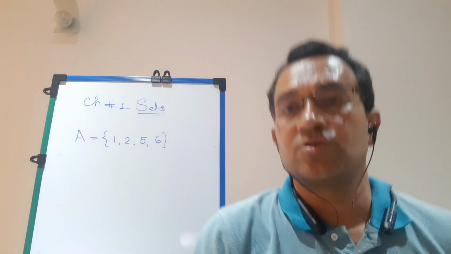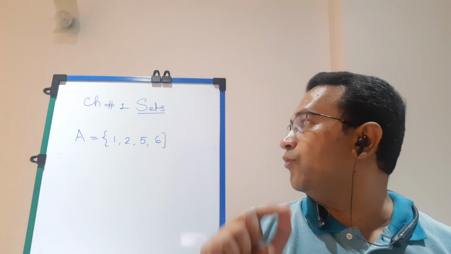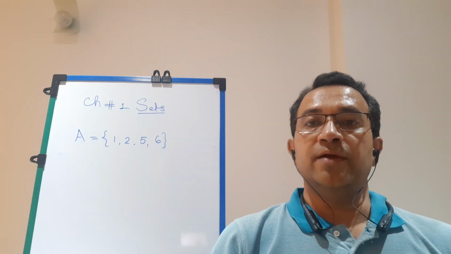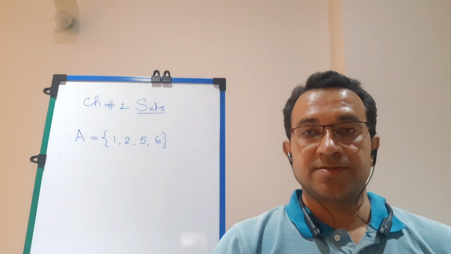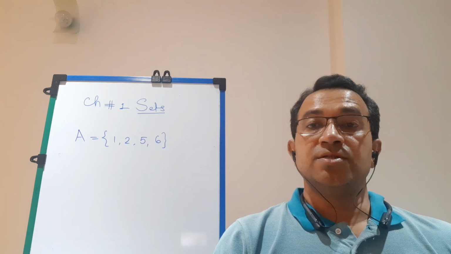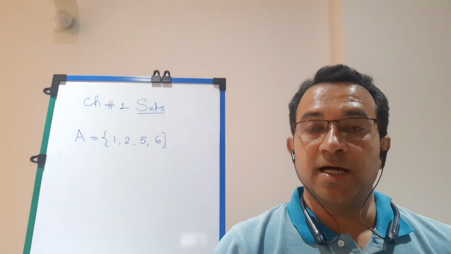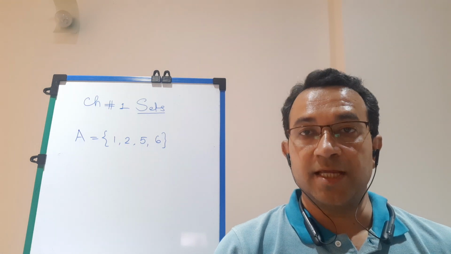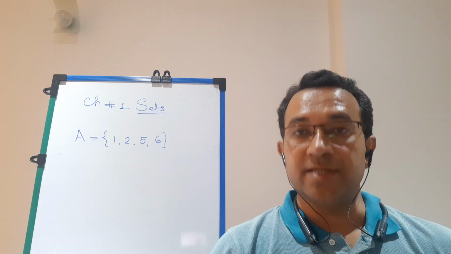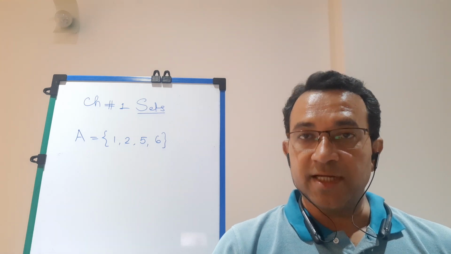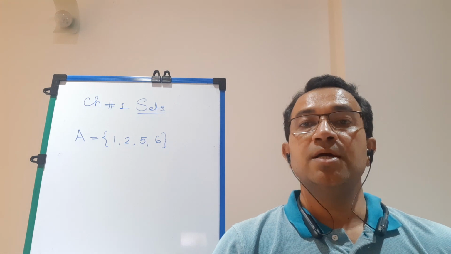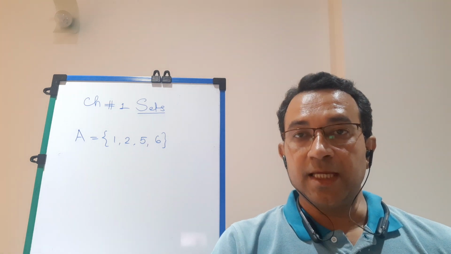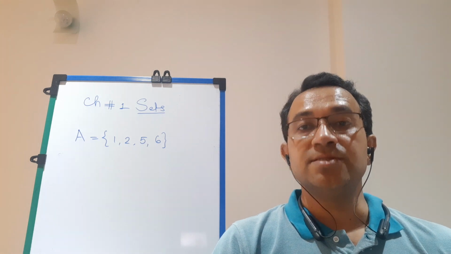This set A has 4 elements: 1, 2, 5 and 6. Elements of a set are usually denoted by small alphabets, say a, b, c up to x, y, z.